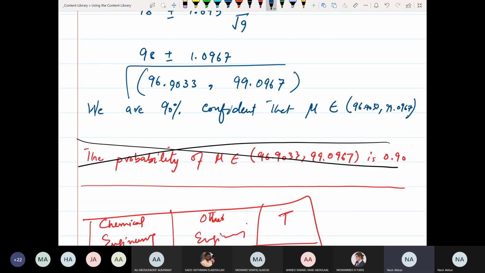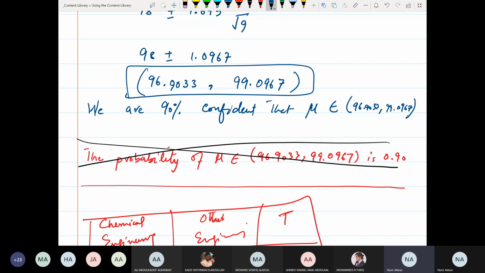This is something 4. This is something you picked from the sample. 96.9033 and 99.0067. This is something 4. Observed. Constant. Now you are matching this something with another unknown thing.